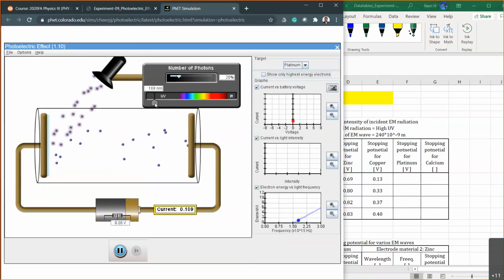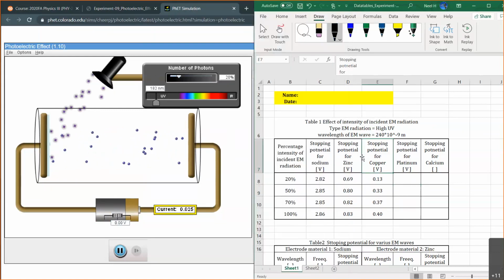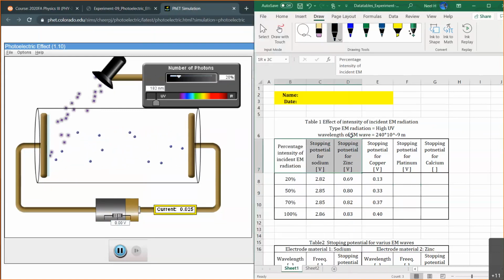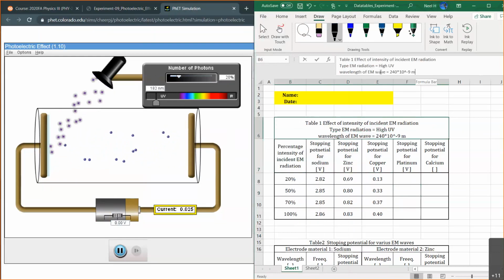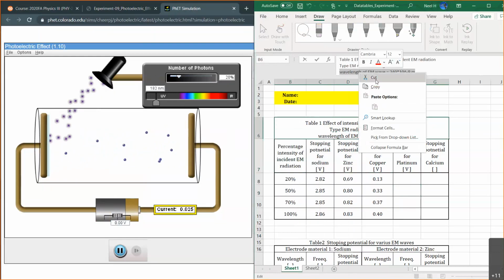Like earlier we were at 240, but I can't get any current with 240. I may have to do about maybe 182 nanometers. So then I can get the current. Let's do that, okay? So for these three, the wavelengths are actually the same, but for the other two I have to change it.